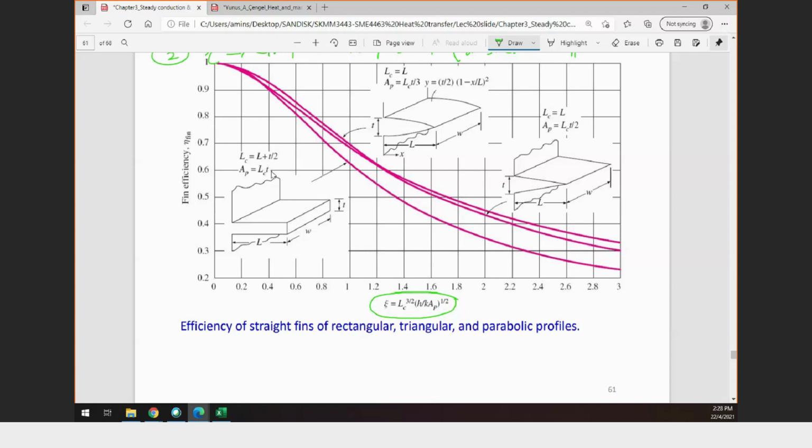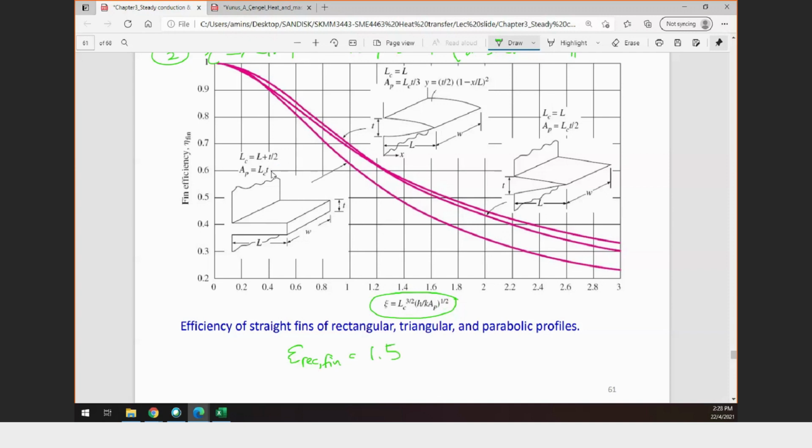When you get this value for the fin, let's say from one calculation for the rectangular fin you got this value equal to 1.5.